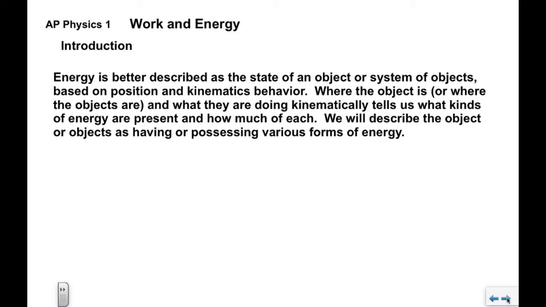So we're going to describe energy as the state of an object or a system of objects that's based on the position and the kinematics behavior of those objects, where it is or where they are, and what they're doing kinematically is going to tell us what kinds of energy are present and then how much of each one. We're going to describe the object or objects as having or possessing the various forms of energy.